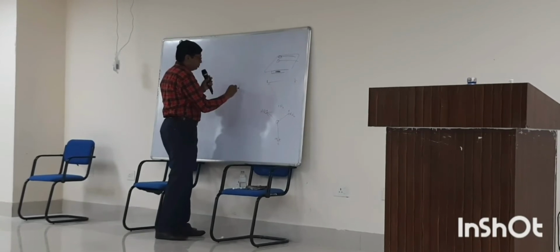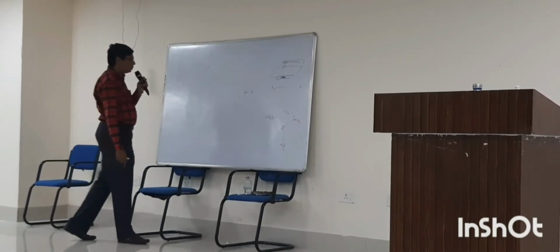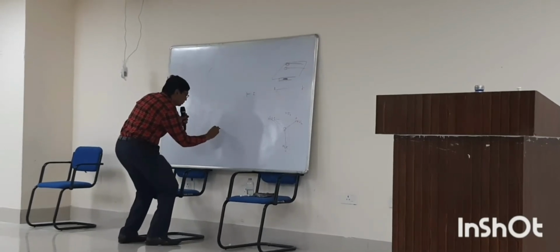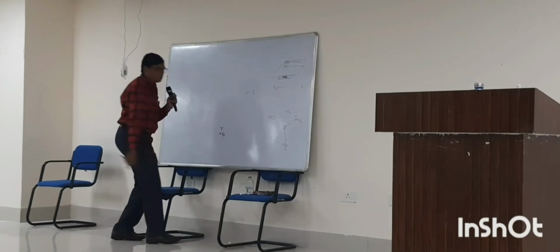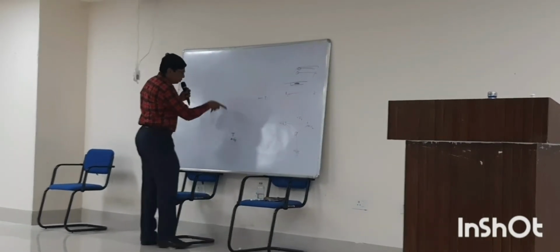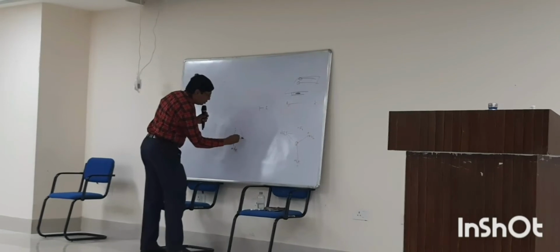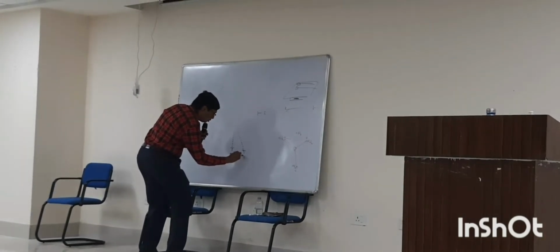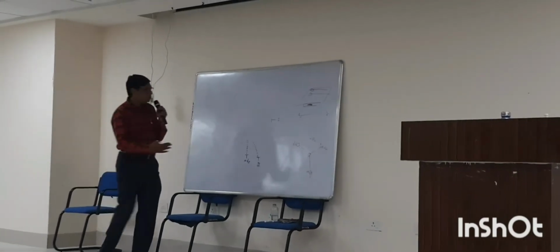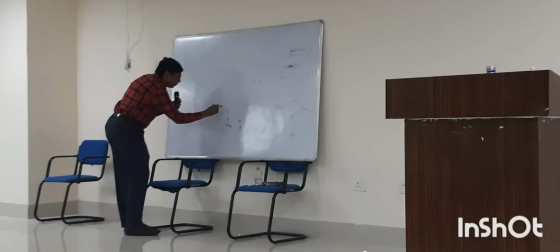Now consider the Einthoven triangle and augmented limb leads. Lead 1, lead AVF, lead 2, follow the direction, follow the direction.